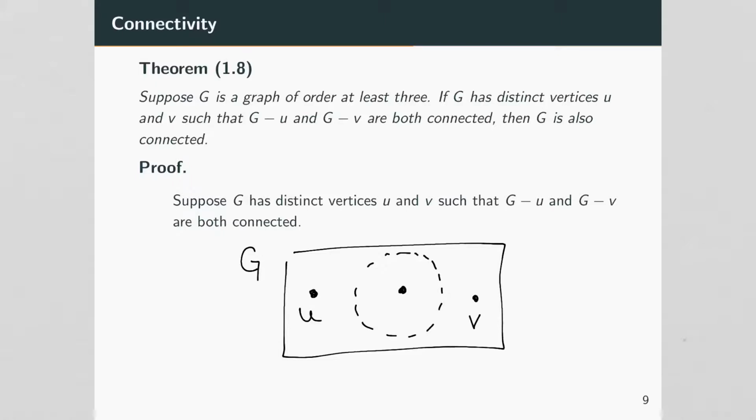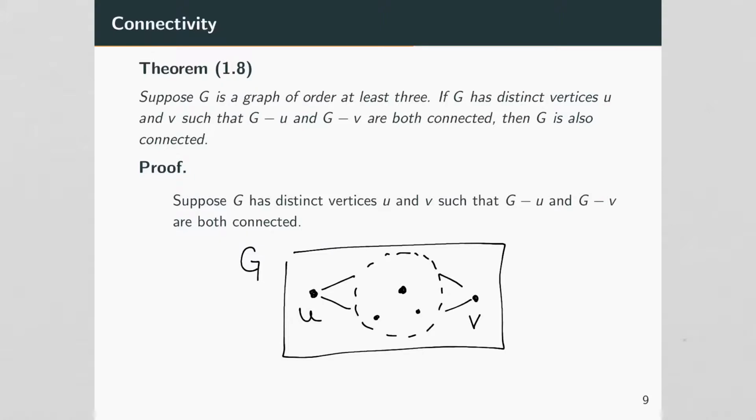And I know that it has at least one vertex, and maybe just for argument's sake, I could pretend there's a few more. Now, I don't know what things look like inside of that circle, but I know there's vertices and there's probably some edges. Now, U is going to be connected to some things in that circle, and V is going to be connected to some things in that circle.